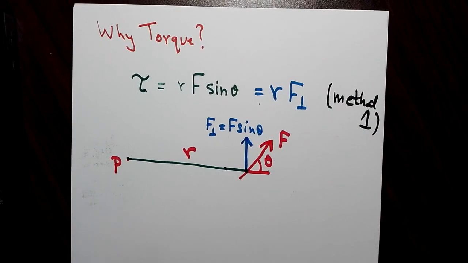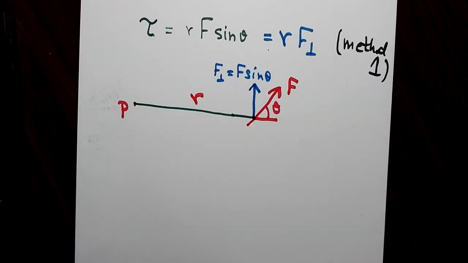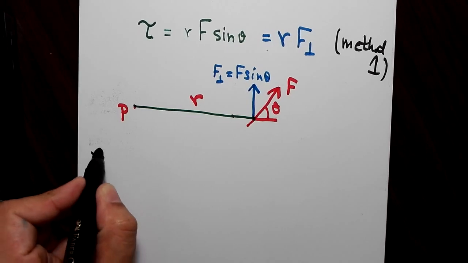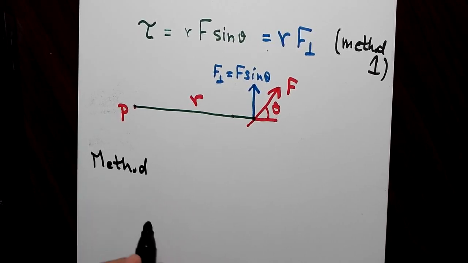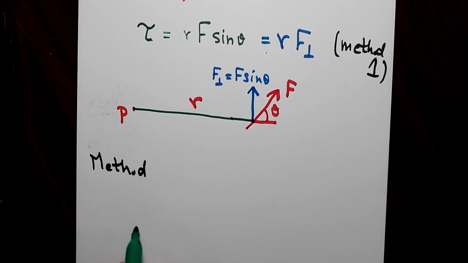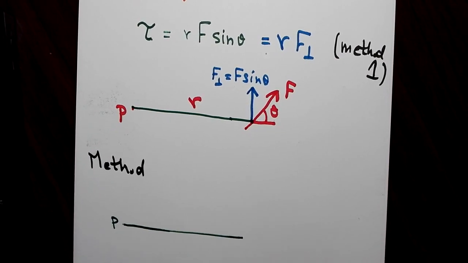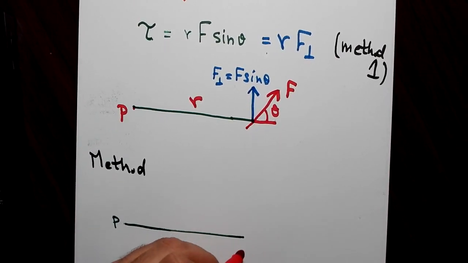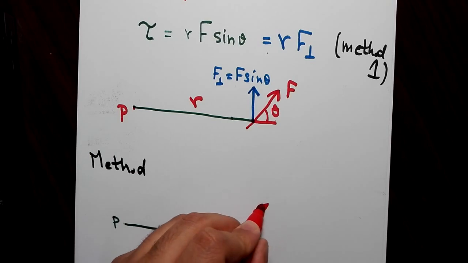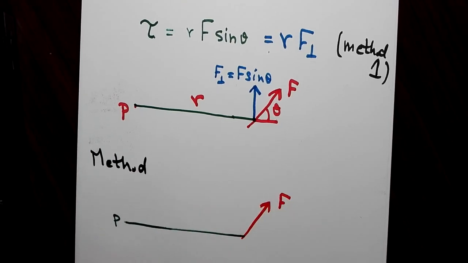Another method, which is very useful, as you'll see when we solve a problem, is this. Let's draw the same picture. Here's again your pivot point, and let's draw the same force. This distance is r.